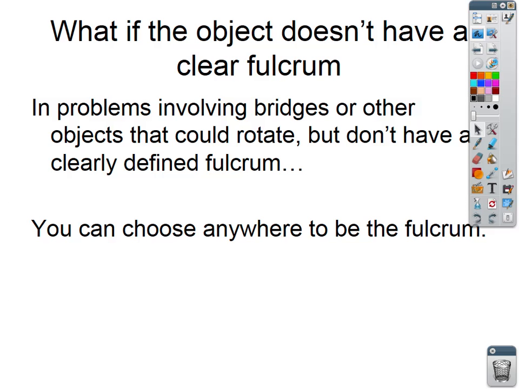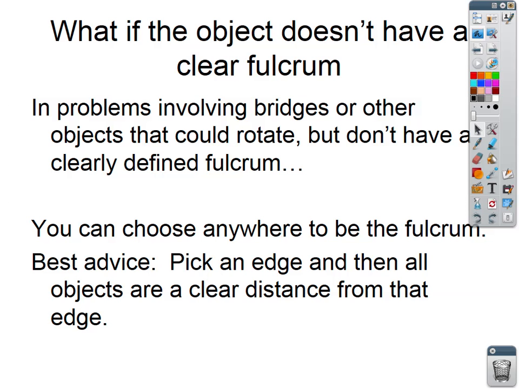Now, immediately when I say that, everybody goes, well, I want to choose the center, just like a seesaw problem, that was easy. That won't be that easy. It's going to be surprising where you might try to place the fulcrum. And in many cases, we're going to want to place it at the end, you will see. So pick an edge, and then all objects will have a clear distance from that point.